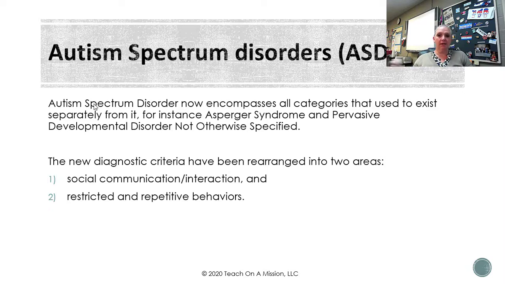So when we talk about this disorder, it is a much bigger area because they've expanded it and added in previously separated disorders. The new diagnostic criteria have been rearranged into two areas: social communication and interaction, and restrictive and repetitive behavior. So when we try to diagnose someone with autism, we look at their social communication and interaction and the restrictive and repetitive behaviors.